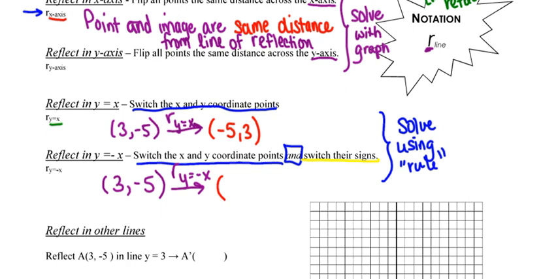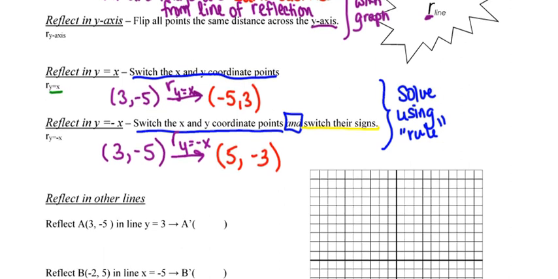If I take the y value, take its opposite, and make it the x, the new x value is positive 5. To find the new y value, I'm going to take the old x value of 3, take its opposite, so negative 3, and make that my new y.